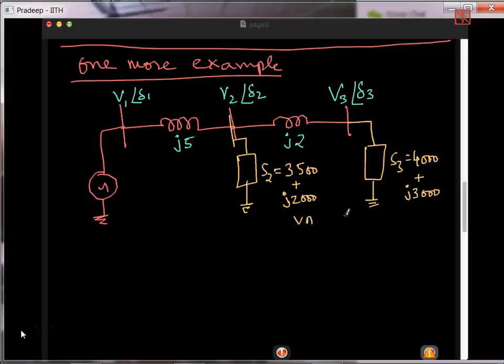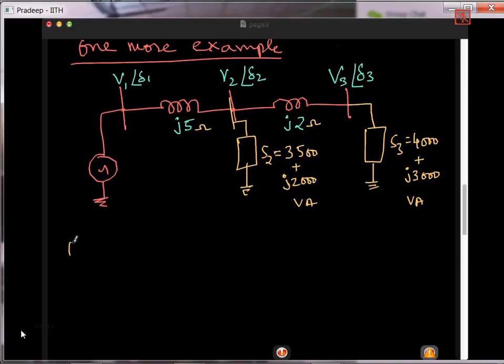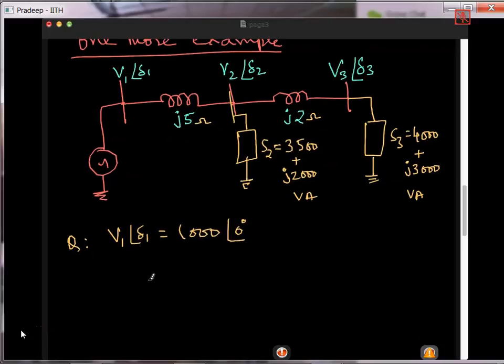This is in volt amperes, and these are in ohms. Now the question is V1 delta 1 equal to 1000 angle 0 degrees, and find V2 delta 2 and V3 delta 3.